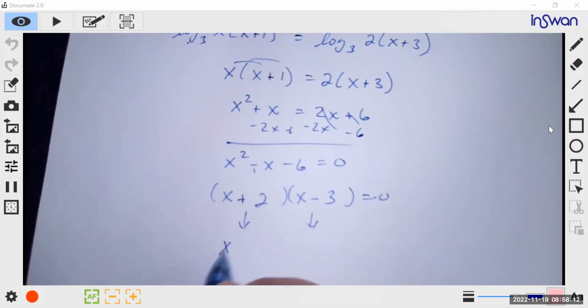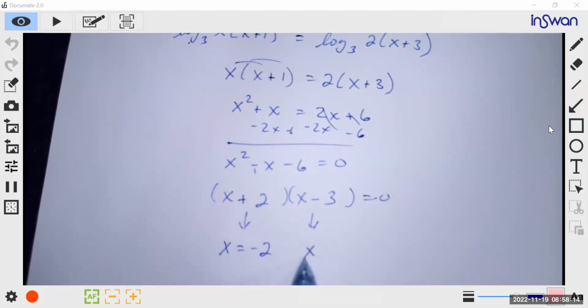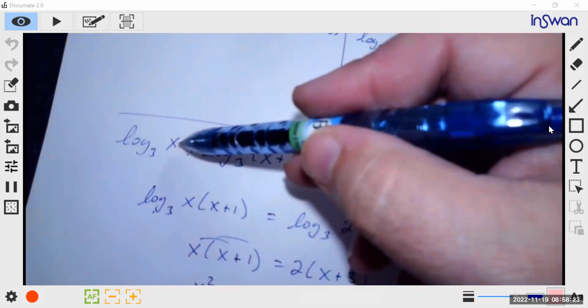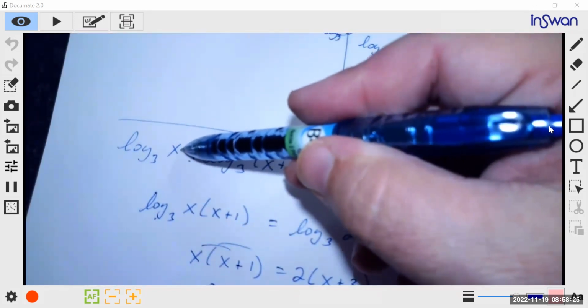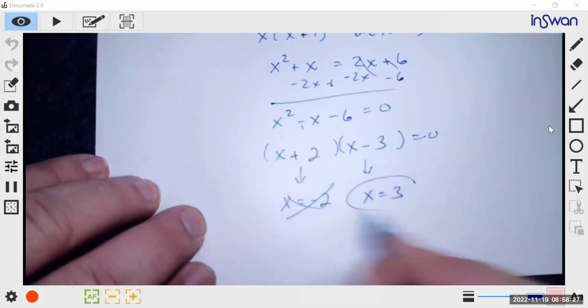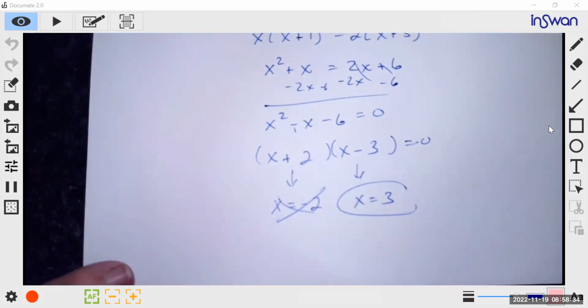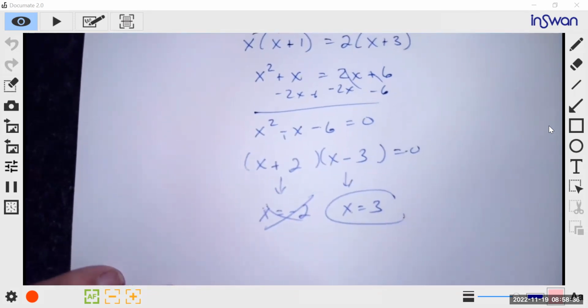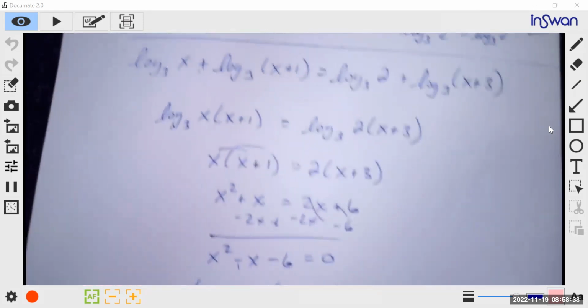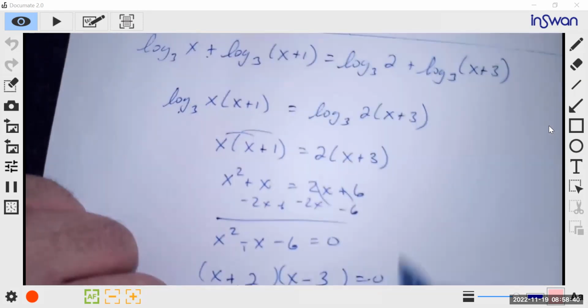Set them equal to 0. You get negative 2 and 3. Since you cannot have a negative number in a log, the only one that could work is 3. And if you check that, it'll work.